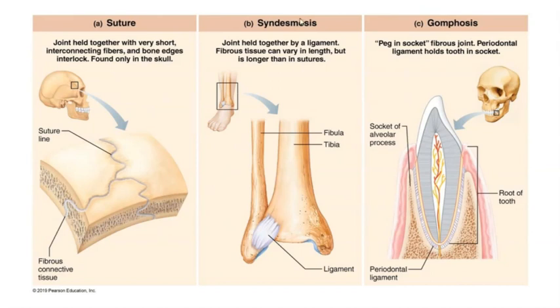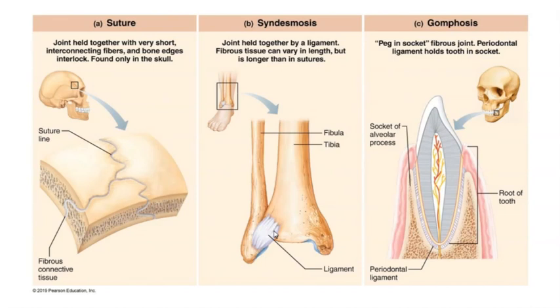Moving on, looking at the middle of this diagram, we have the syndesmosis joints. These are fibrous joints in which the bones are much more widely separated from one another in terms of their physical distance, but are generally held together by a narrow band of collagen fibers that's called a ligament, or they could be held together by a broad sheet of collagen fibers that's called an interosseous membrane.